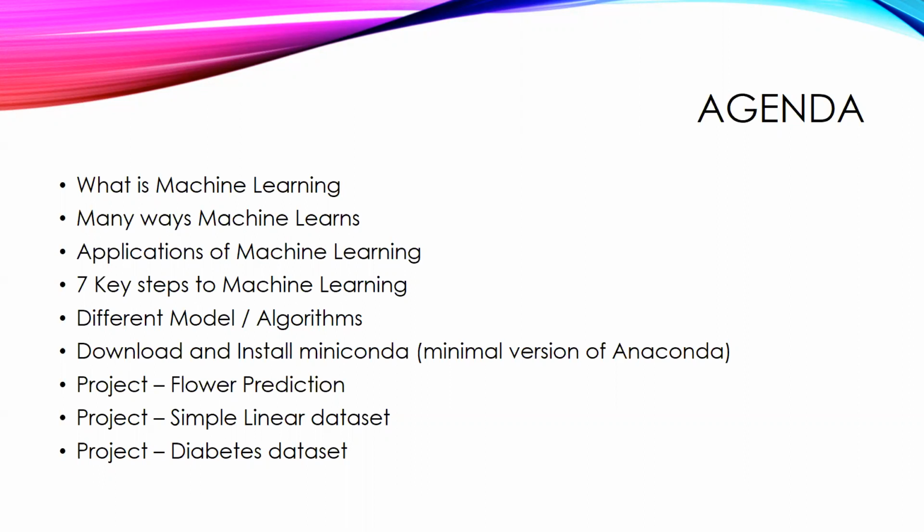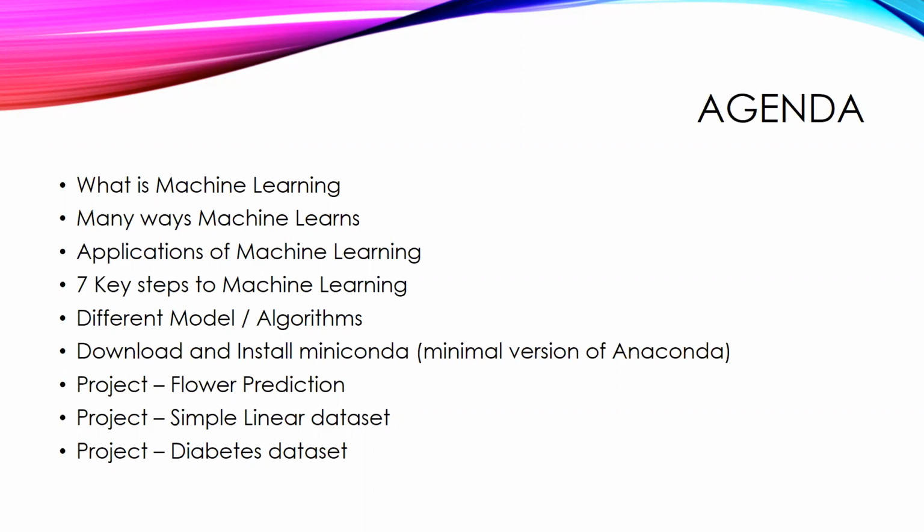So today's class agenda is: what is machine learning? I just gave you an overview of artificial intelligence, machine learning, deep learning and data science, but we are going to learn more about machine learning, how many ways machine learns, and applications of machine learning, and then the 7 key steps to machine learning, and different models and algorithms.